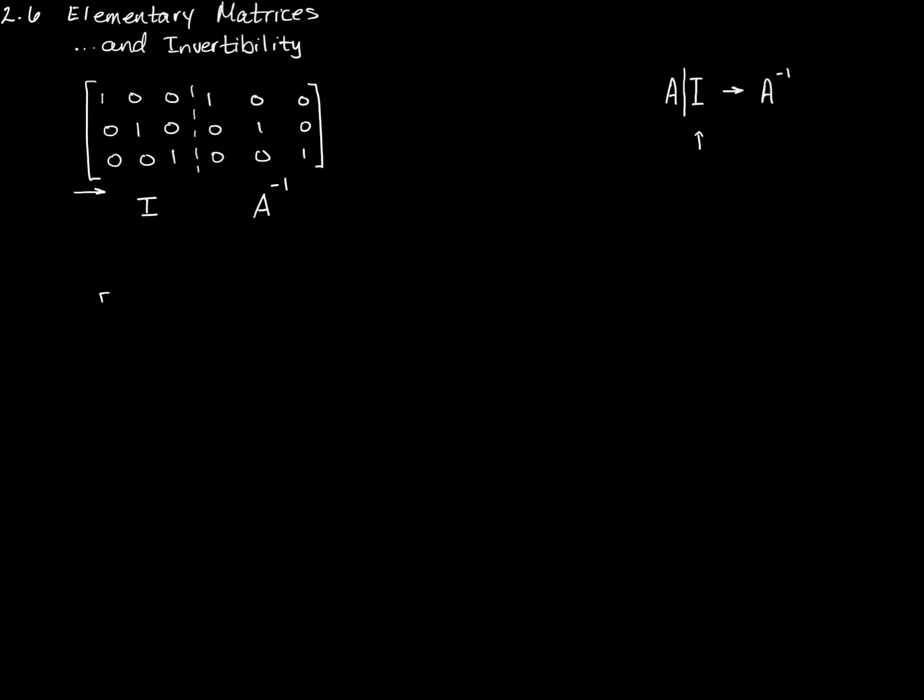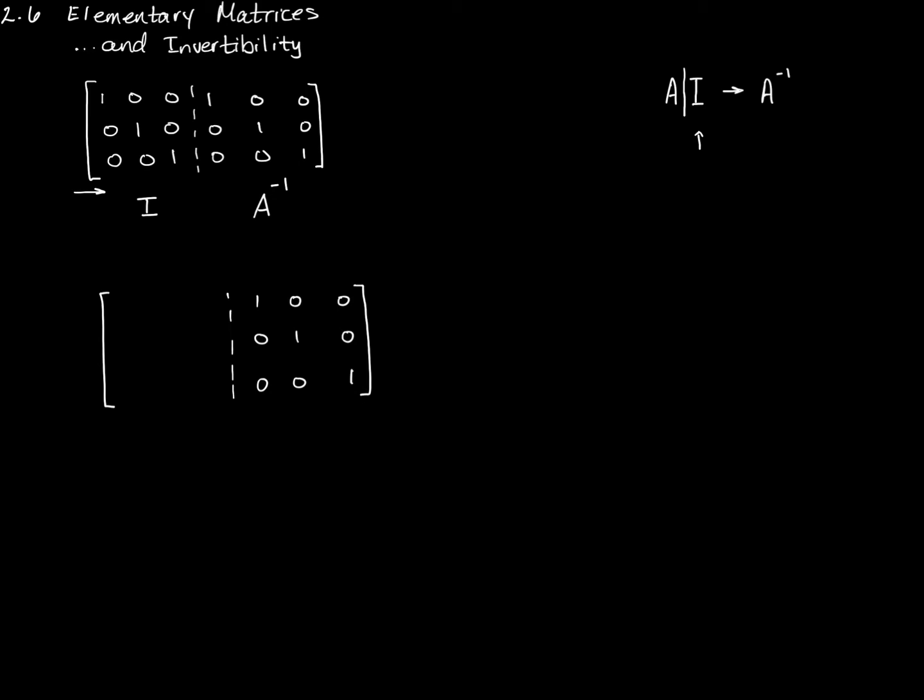Now I'd like to do the same thing, but this time my matrix A is going to be an elementary matrix. So there's my template, as it were. I'm going to put matrix A in here, and I'm concatenating it with the identity matrix.